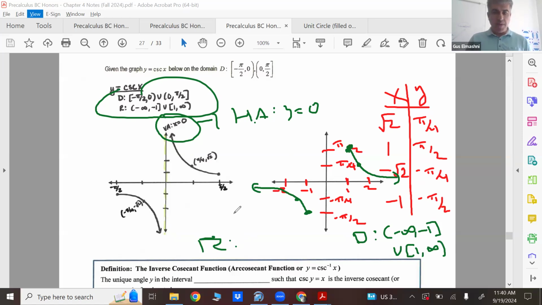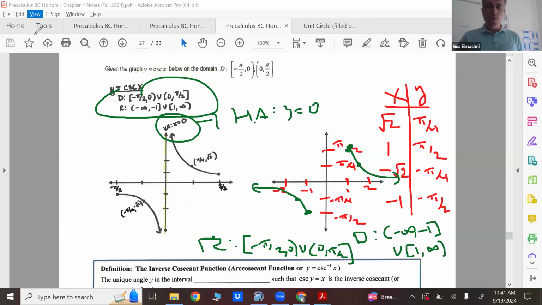So definitely I don't get 0 for my range, but it's going to go from, and it has to stop at pi/2 and negative pi/2, obviously. So it looks like this. Everything's reversed from the cosecant graph. It's all reversed.